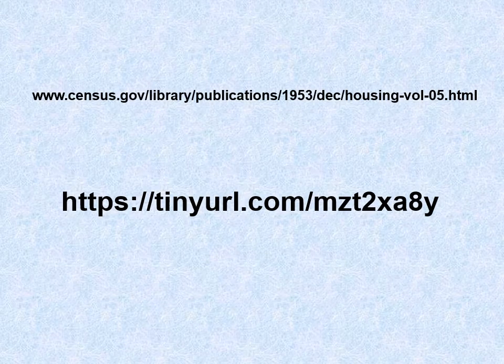If you go here and you have a city of that size, you should be able to find a pamphlet that has maps and tables for housing information. You can pause this to write down that shortened URL.